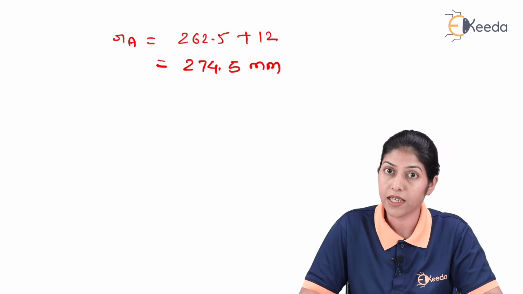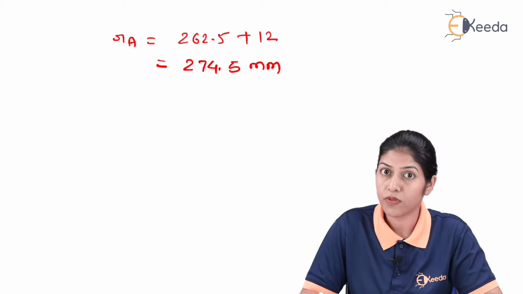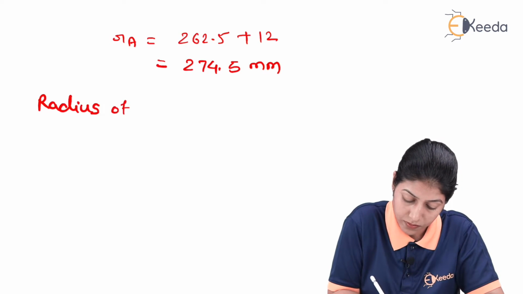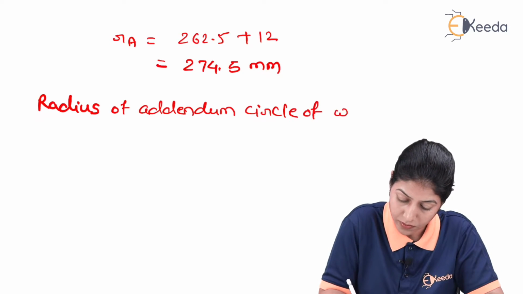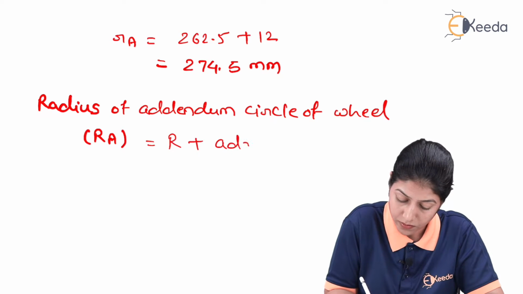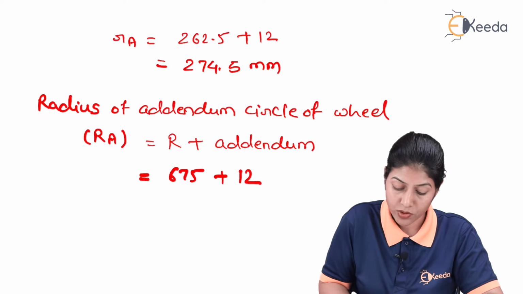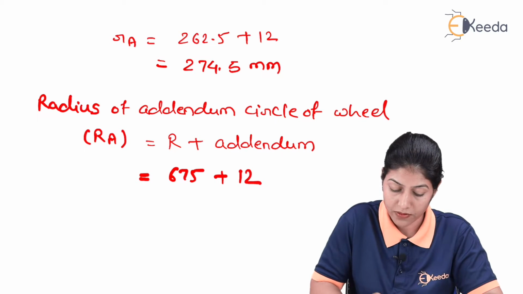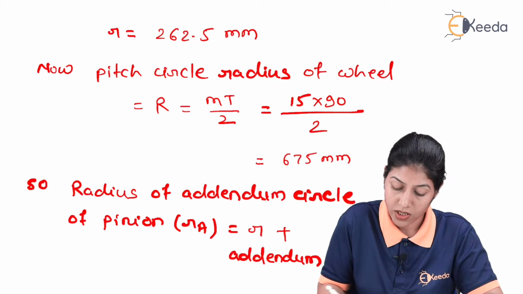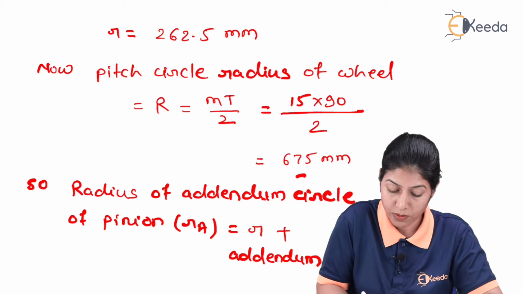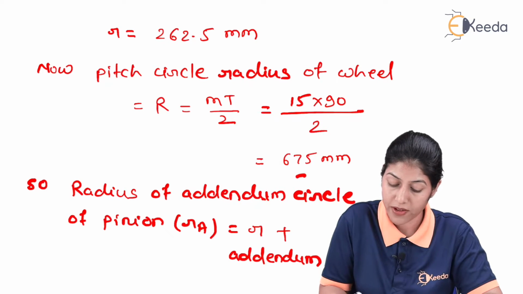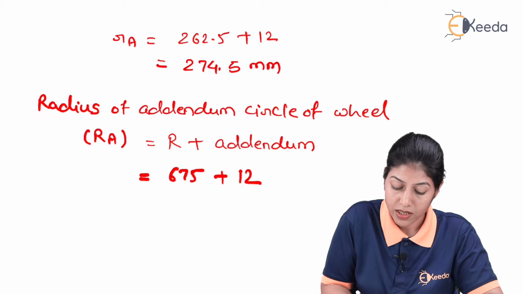Now let's define the radius of addendum circle of the wheel. So RA will be R plus addendum. So it will be 675. We defined this value with the help of this particular equation, 675. Here we will add 12, that is addendum.